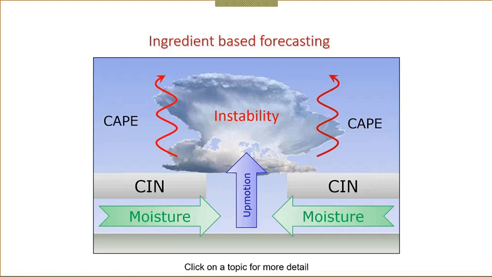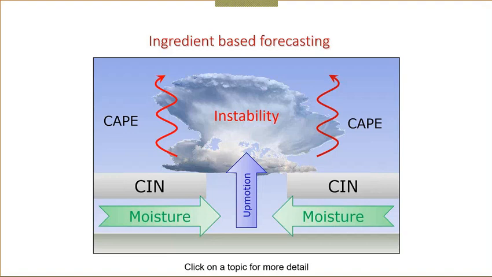And that upmotion can be delivered by lift mechanisms. And you have a whole range of lift mechanisms. And as soon as that is enough, then you can have the process of upmotion where you can overcome the inversion again. And then you will enter the free atmosphere, so to speak.